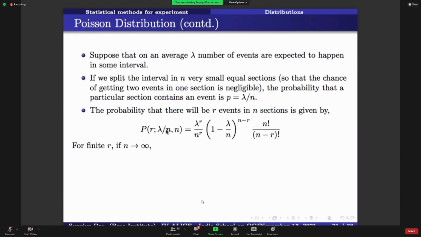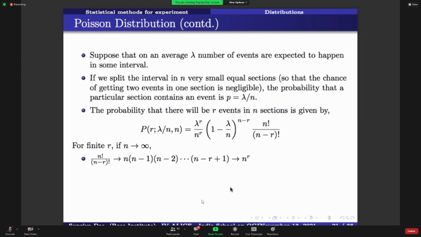Then for finite r, if n becomes infinite, your n factorial by n minus r factorial goes like this, and you can actually calculate and see that this is actually n to the power r.